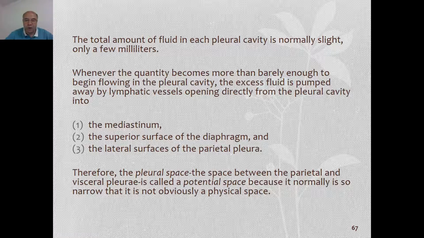Therefore, the pleural space, the space between the parietal and visceral pleura, is called a potential space because it normally is so narrow that it is not obviously a physical space at all.